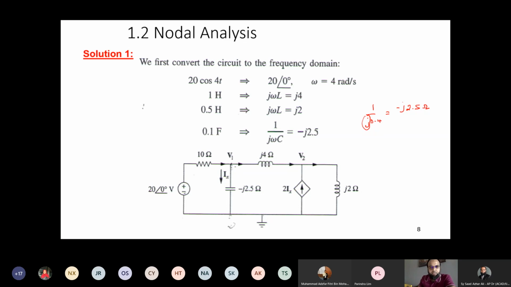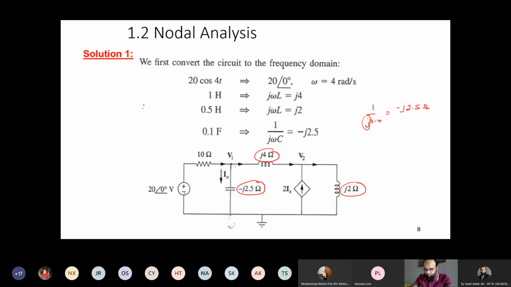Now we can consider each one of them, J4, minus J2.5, and J2 ohm, as if they were resistances. You can see the ohm sign there, there, and there: impedances or resistances. Now we can write the equations as we used to do in circuit theory.